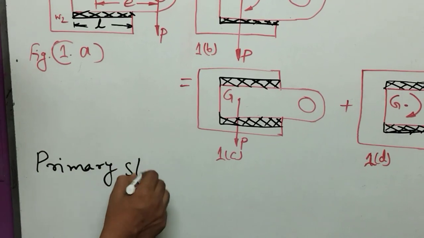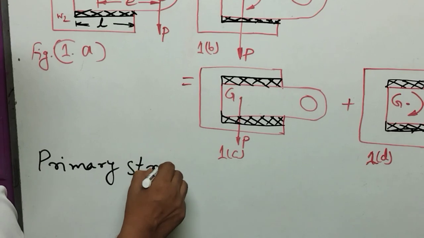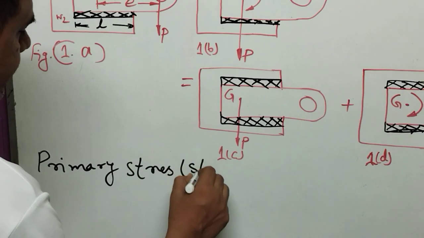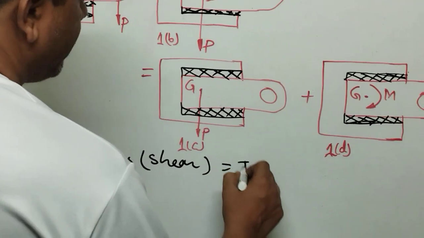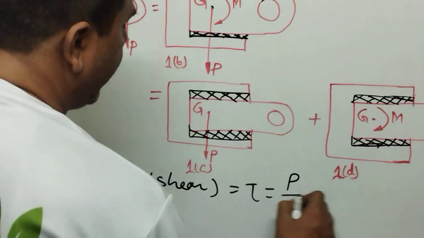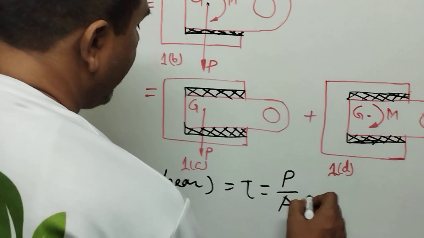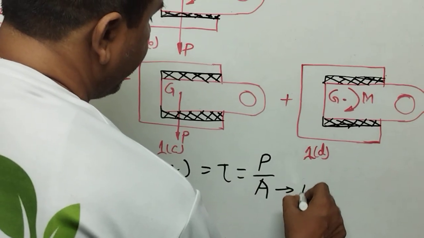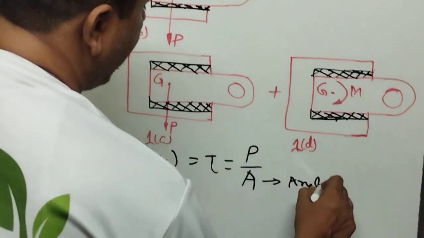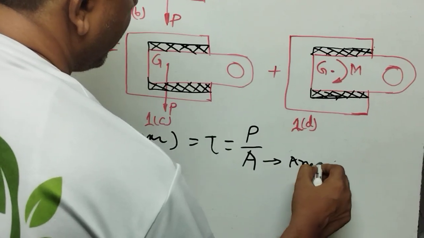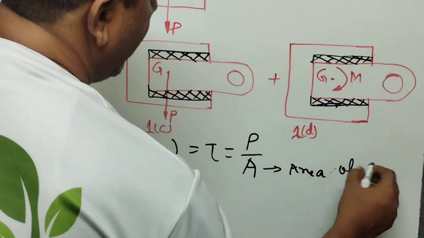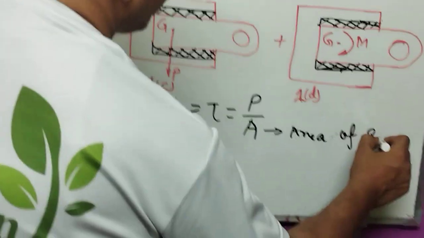This is shear stress, whose value is tau equal to P by A, where A is the area of the parallel fillet weld.